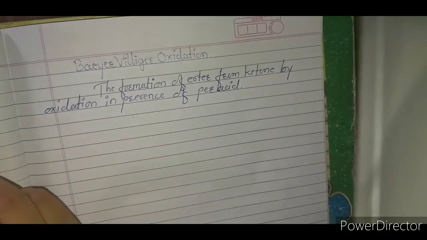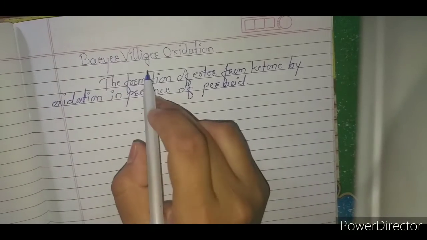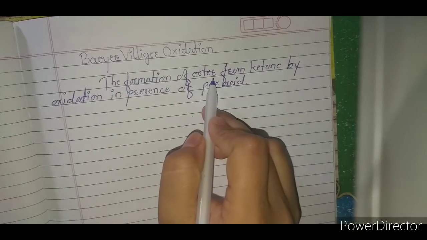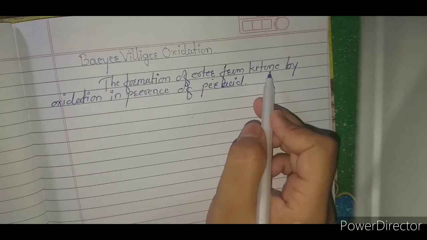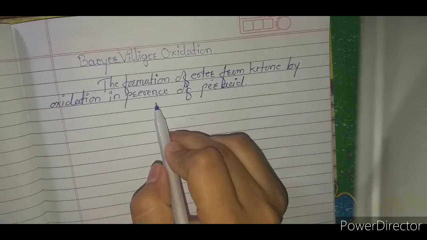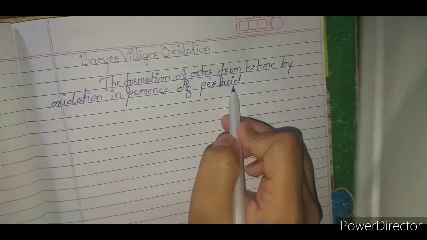Okay. So in Baeyer-Villiger reaction, the formation of ester takes place by using ketone, by oxidation in presence of per acid. Okay.